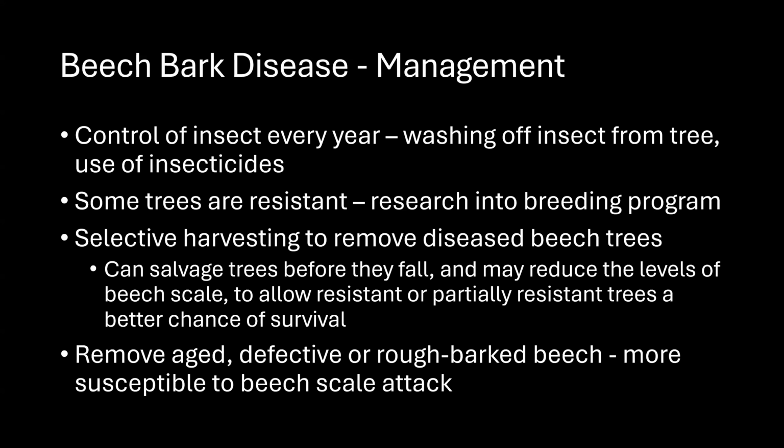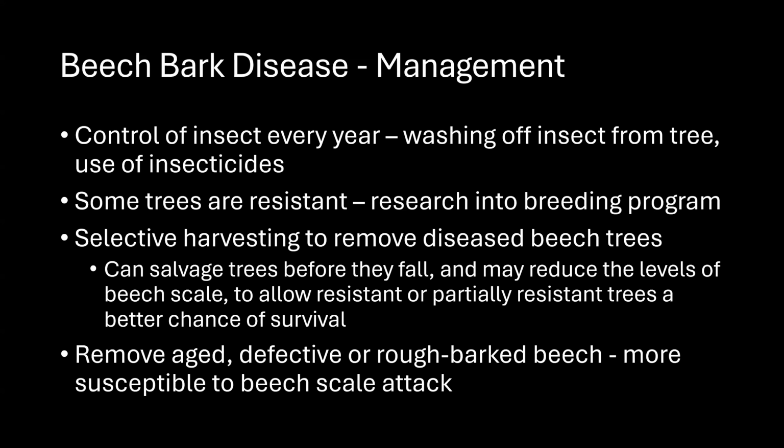Or also the concept that some beeches that may have a little bit more rough bark tend to actually be more prone to the beech scale. The beech scale like the rougher bark. And so you keep specimens that have the smoother bark in the forest because they don't care for those as much.